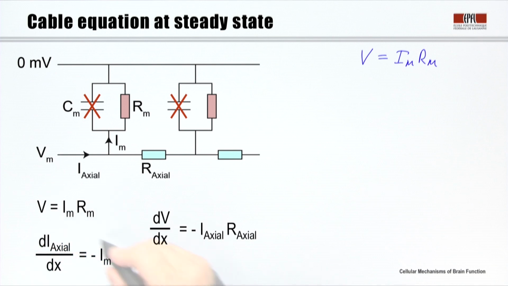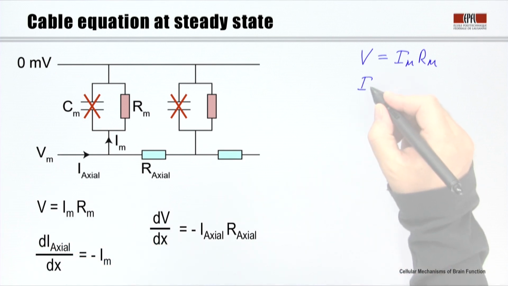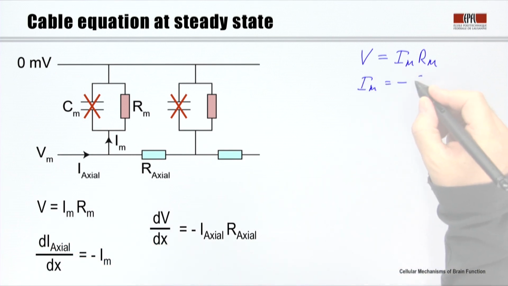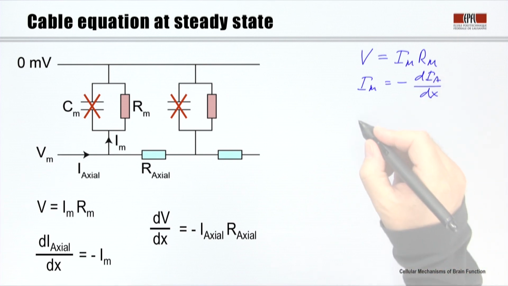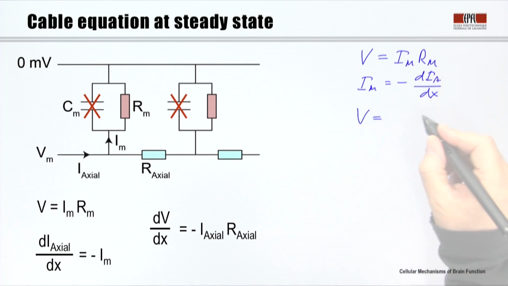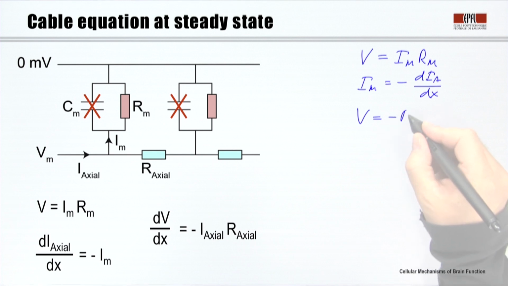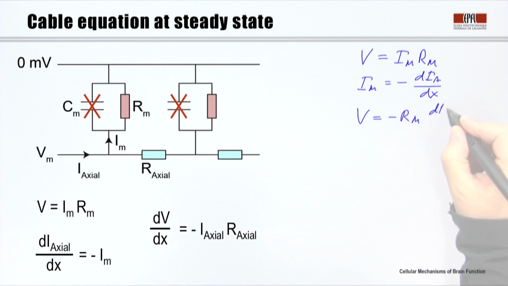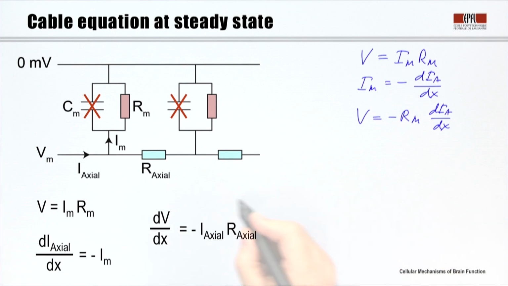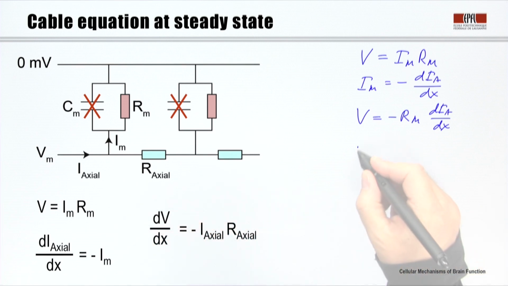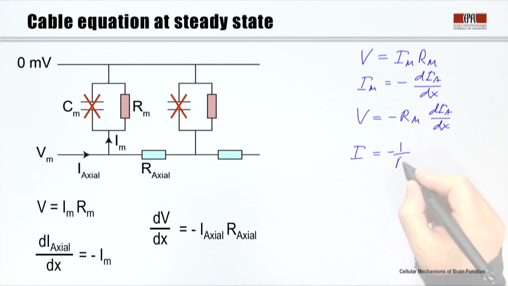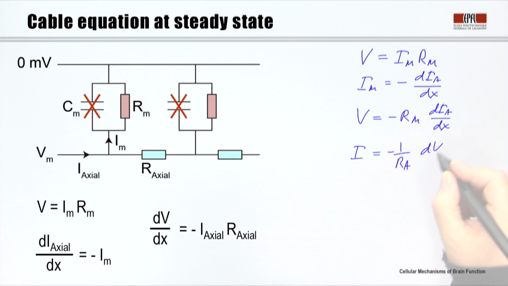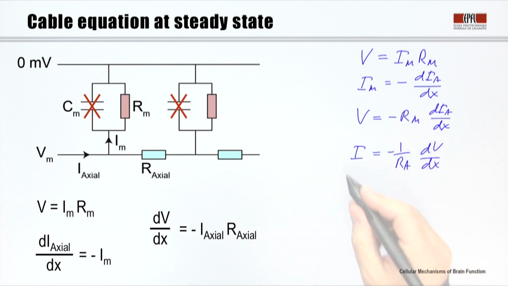From this equation, we can see that Im can also be written as minus di axial over dx. And so the membrane potential is therefore equal to minus Rm di axial by dx. The axial current we can rewrite here as being 1 over R axial dV by dx.